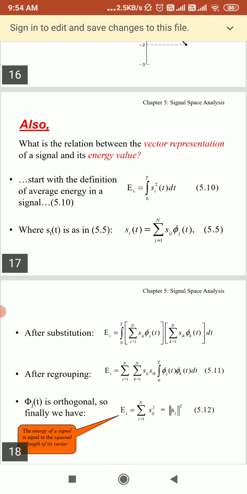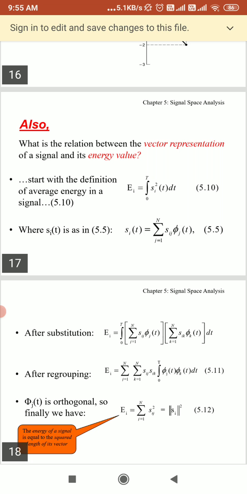So we take Si of t equal to the summation over j equal to 1 to n of Sij phi j of t, where Sij equals the integral from 0 to t of Si of t phi j of t dt.